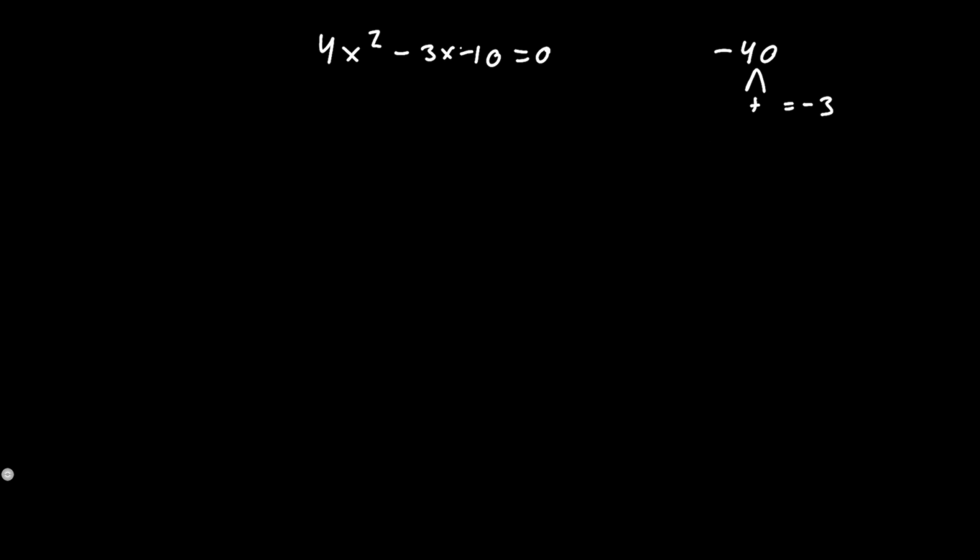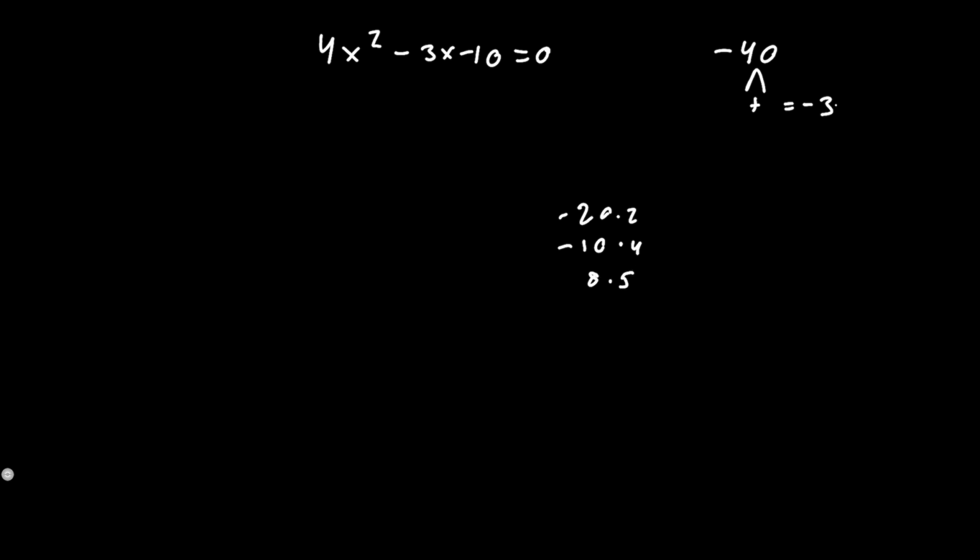What we can do is find factors of 40. So we're going to say, okay, we know negative 20 times 2 is negative 40. Negative 10 times 4, that works. And 8 times 5 works.